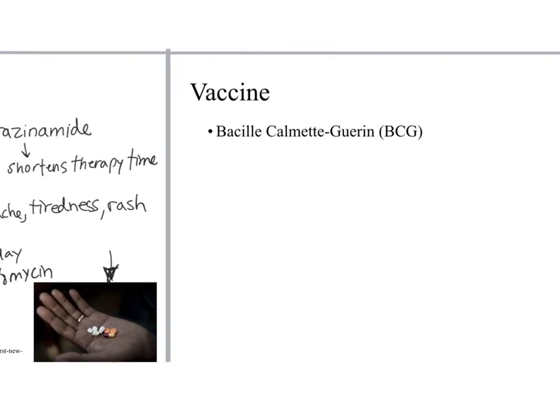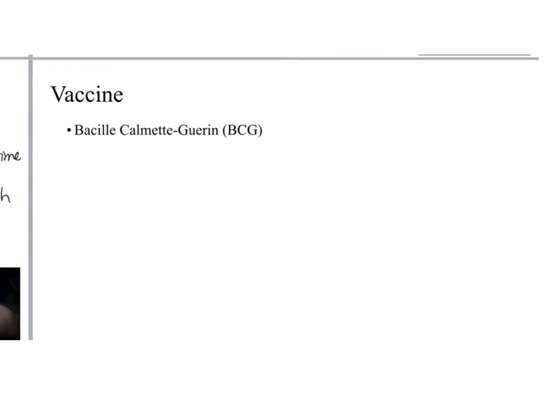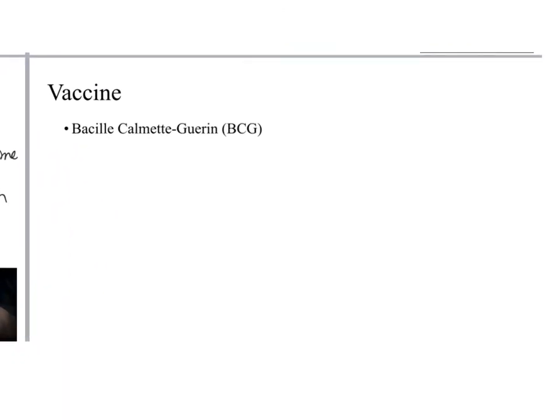What about a vaccine? If we can't treat it, let's prevent it. Unfortunately, the vaccine that is available is not a very good one. My apologies to the Frenchmen that developed it, but it's called Bacille Calmette-Guerin. We abbreviate it and call it BCG. And this is a vaccine.